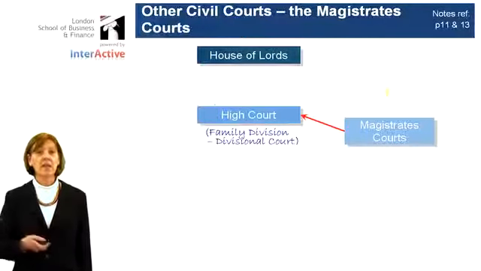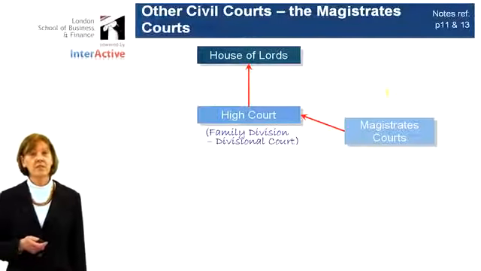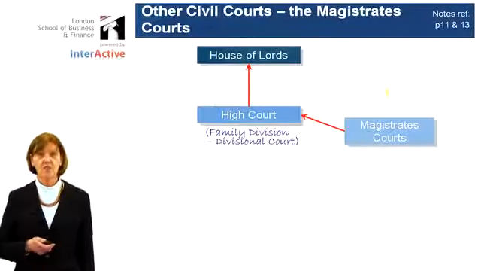Well, let's say that there is to be a further appeal. Where does that go to? And that is to the House of Lords. That is, by the way, direct to the House of Lords, but that is a normal route of appeal. It's not a leapfrog. Normally, as a rule of thumb, by the way, you have 3 court hearings, and here we've got our rule of thumb being obeyed. So that's having slotted the magistrates' courts into our hierarchy of courts.